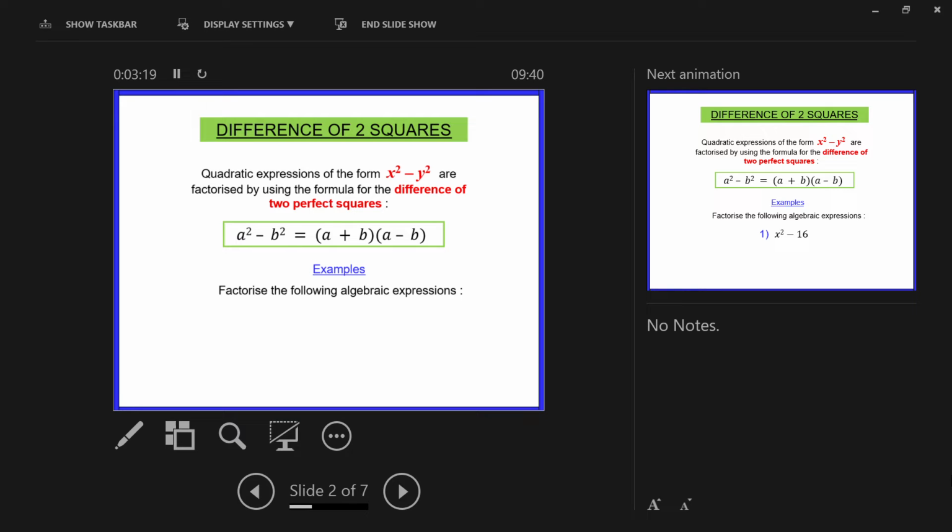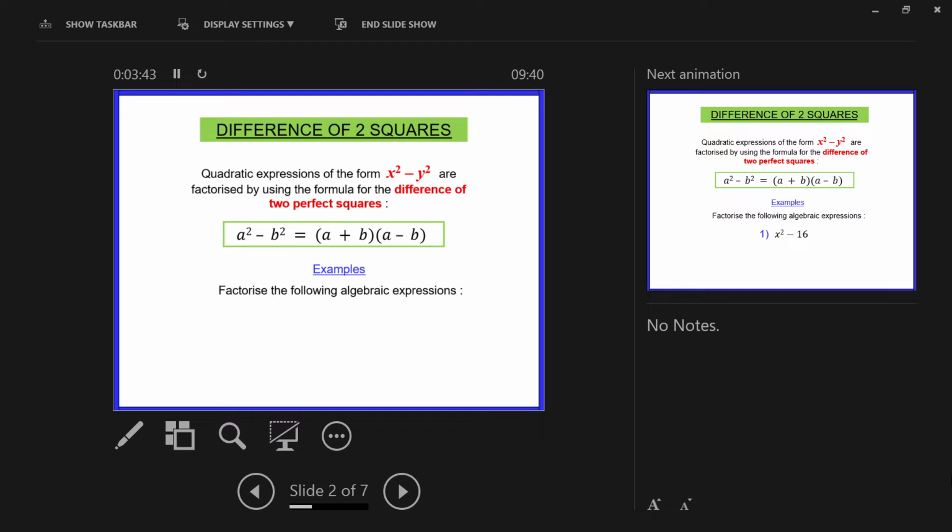And have a look. b. Okay, so the one that's first, the square root answer will be first in every bracket. The one which is second, the square root answer of that will be second in each bracket. Okay, so that is difference of two squares in a nutshell. It's actually a very short and easy one.